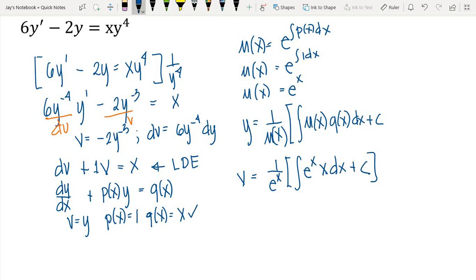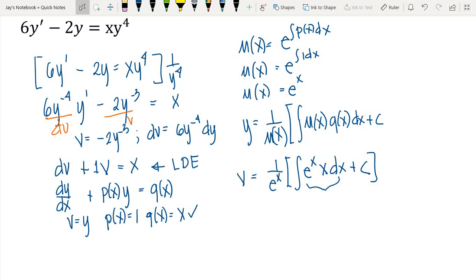However, we have a problem here. The integral of e^x x dx, no, we cannot directly integrate it using the basic integration rule. So what we're going to do here is integrate it by parts.